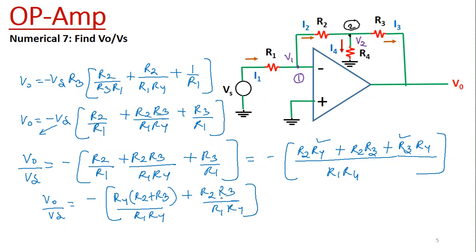So here R4 and R4 get canceled out and this will be equal to minus of R2 plus R3 divided by R1 plus R2 R3 divided by R1 R4.